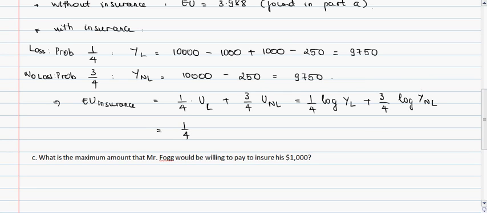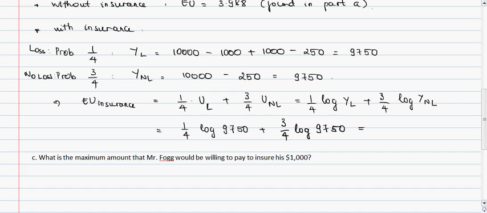In the case of loss, it's going to be 9,750, and it's exactly the same income as in the case of no loss. This is happening because the consumer is fully insured by the insurance company, so he will get exactly the same amount under loss or no loss.